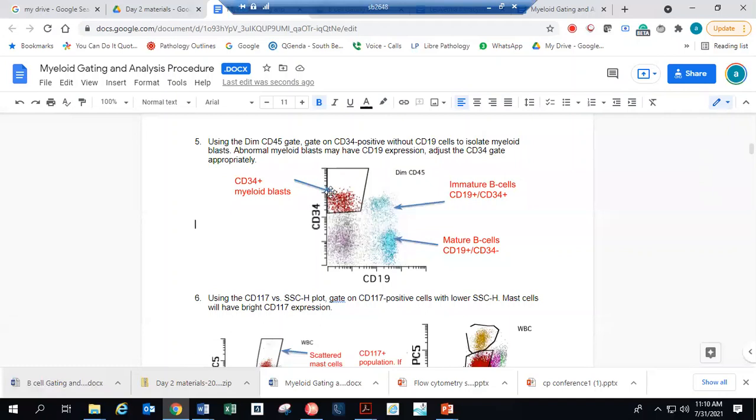So 34 is your stem cell marker, and those are the myeloid blasts. And in the intermediate, these are the immature B cells. The immature B cells will still have some 34, and they will have dim 19. So those will be your immature B cells.